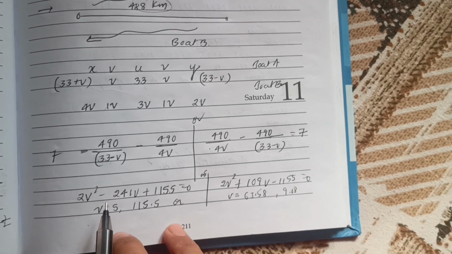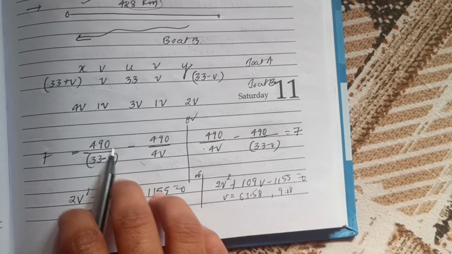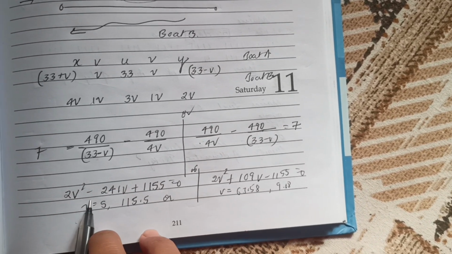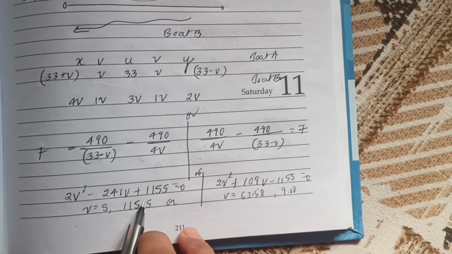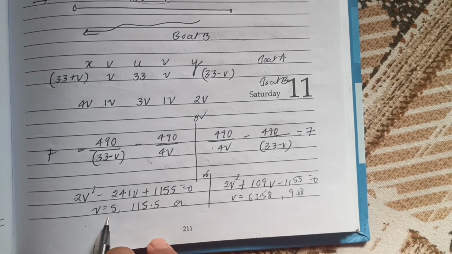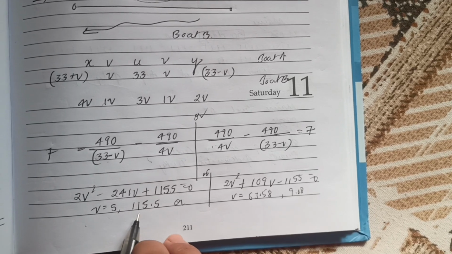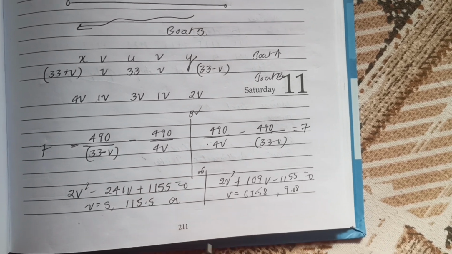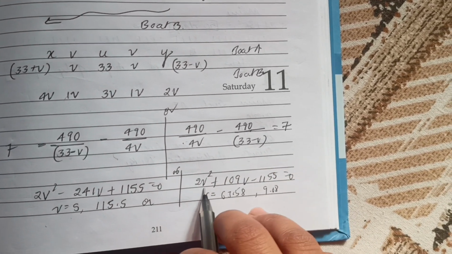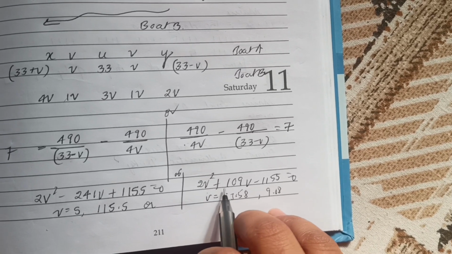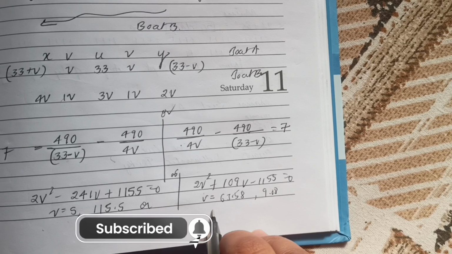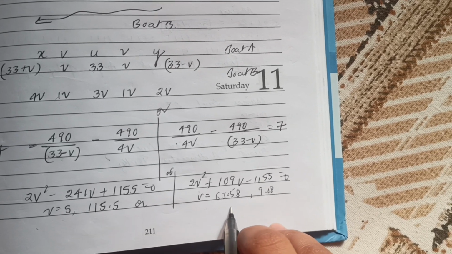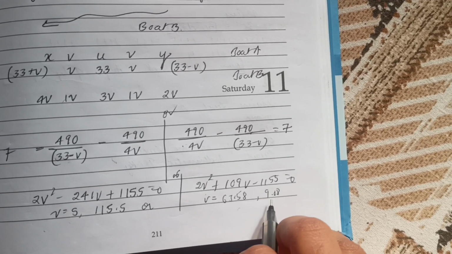So let's solve this. If I multiply this, I will get 2v square minus 241v plus 1155 equal to 0. From this I will get the value of v as 5 and 115.5. Or from the other equation I will get 2v square plus 109v minus 1155 equal to 0, that is v will be equal to 63.58 and 9.08.